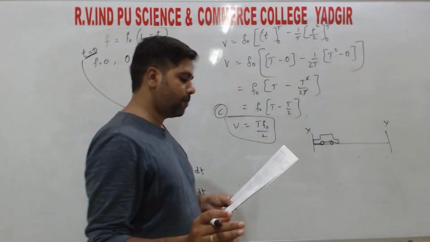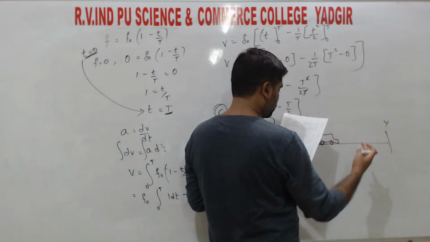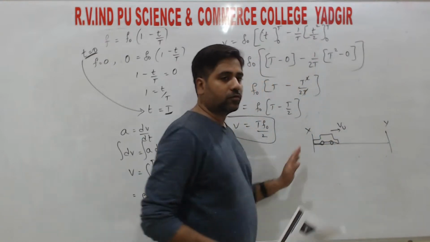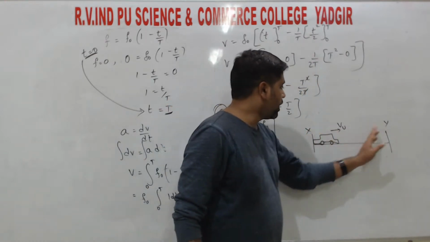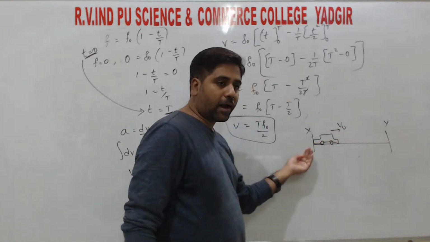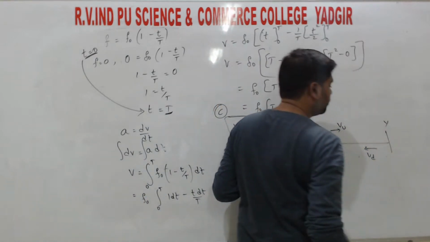So the car moves from x to y with the velocity Vu. After reaching y, again it comes back to x with the velocity Vd, right?